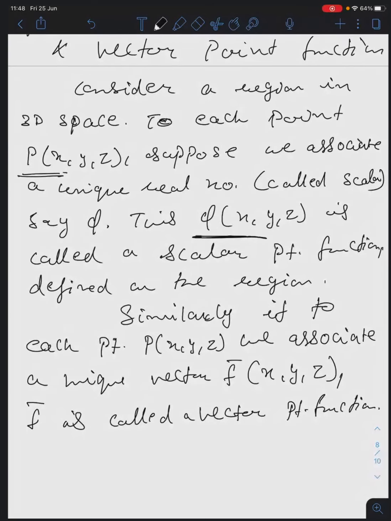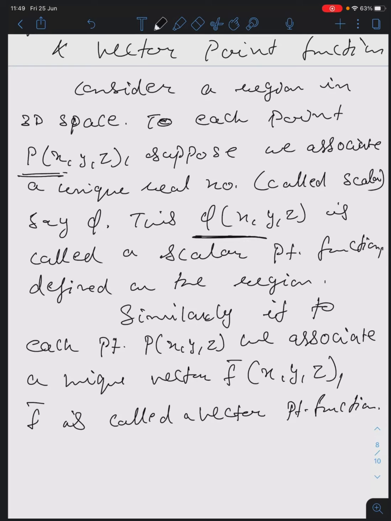Suppose you consider a particle which is moving in space. Now at each point on its path, the particle will have a velocity. Suppose it is a butterfly or just some particle moving in space. It will have some path when it is moving, and on that path you have so many points.